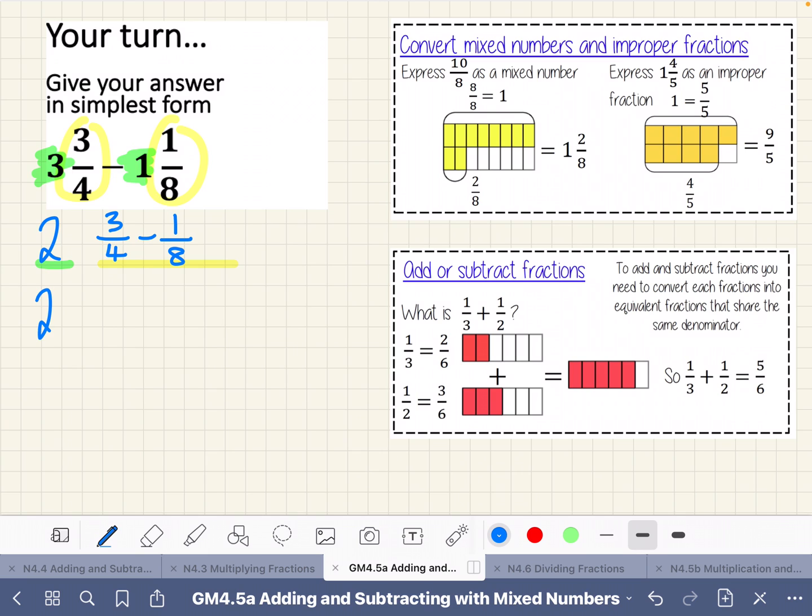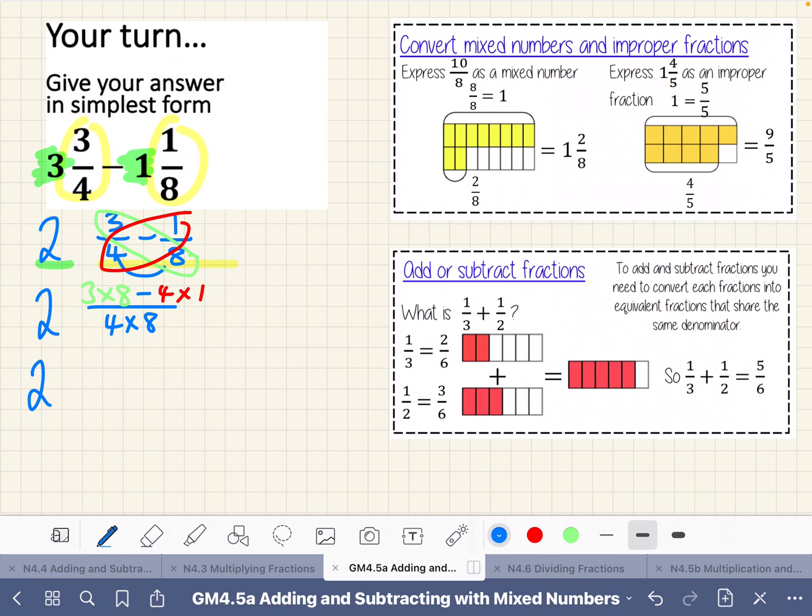We are keeping the 2. We smile by multiplying the bottom numbers together, and X factor by cross multiplying the values next to it, so 3 multiplied by 8, and we are subtracting the answer to 4 multiplied by 1.